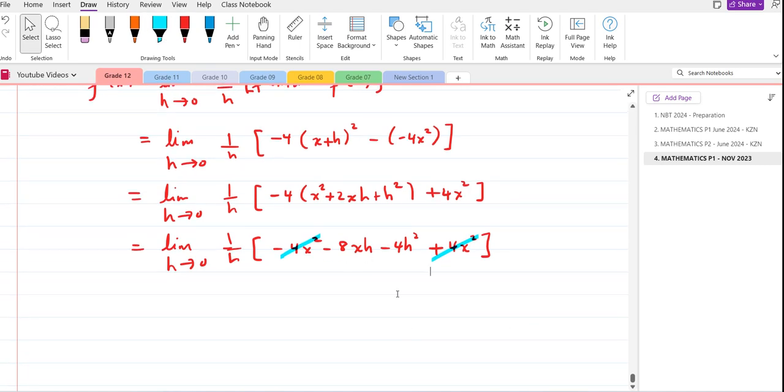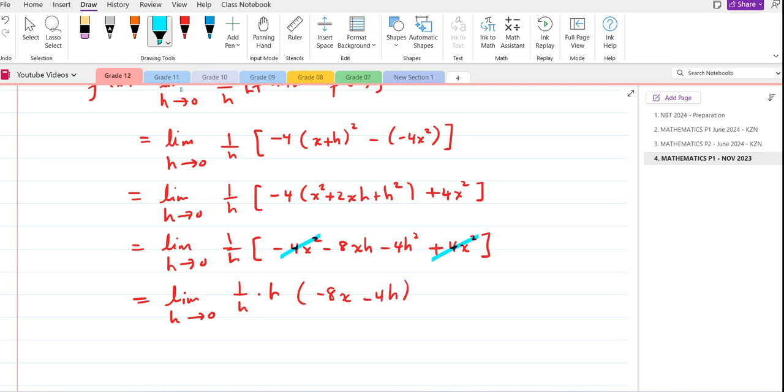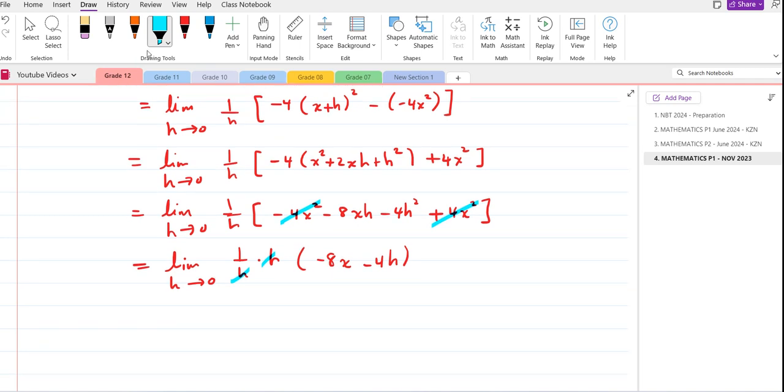So limit as h approaches 0 of 1 over h times h, taking out the h from here, left with minus 8x minus 4h. Now I can cancel out the h and the h and substitute 0 for h. So I can write one more step here, limit as h approaches 0 of negative 8x minus 4h. What's the answer? Negative 8x.